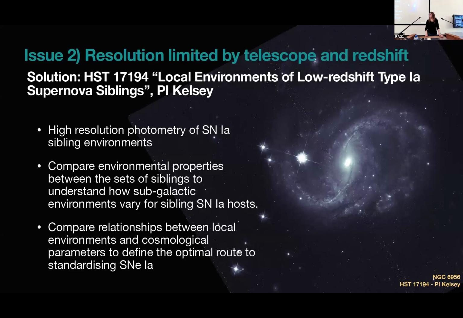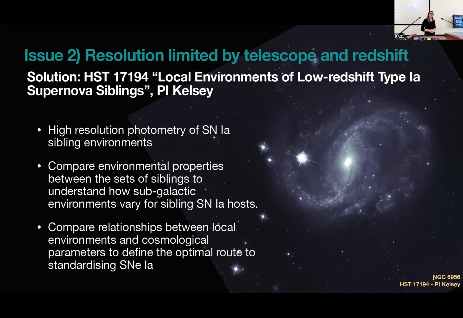The other issue, which is currently what I am trying to solve, is that the resolution when you're looking at these really local environments is limited by your telescope and redshift. So I have time with Hubble where I am investigating the local environments of a sample of low redshift Type Ia supernova siblings. We've obtained 32 orbits, so we have roughly 28 host galaxies of these siblings. Some required multiple pointings because their locations in their galaxies were too far away for a single HST pointing.